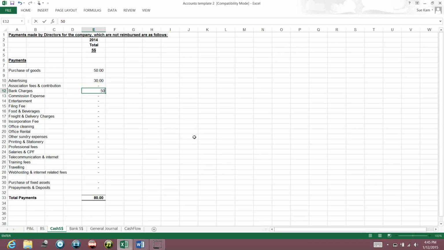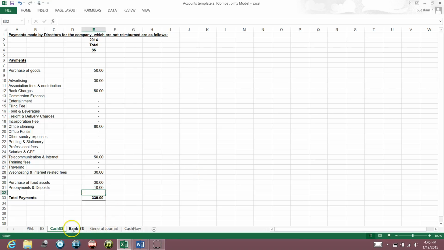The director has actually paid some money on behalf of the company, and he has not gotten the money back from the company yet. So this is the meaning of this sheet. All those payments made by the director for the company, which the director has not taken back from the company bank account, you put inside this sheet.